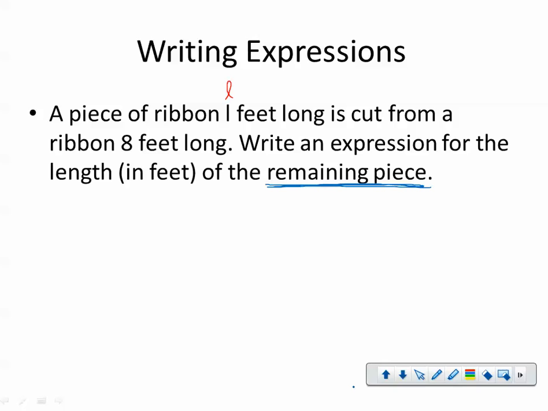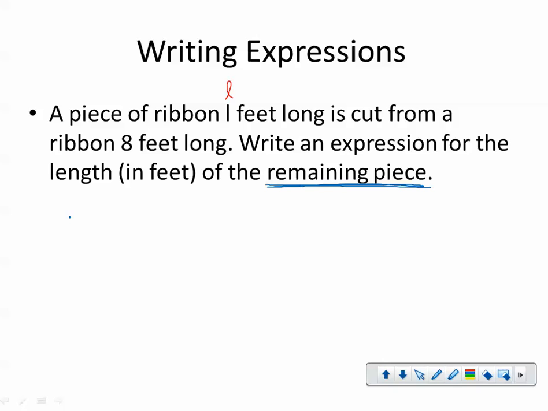And the key to all of this is understanding what we've just read. We need to really understand the situation in order to be able to create a mathematical expression for it. So let's think about this. Let's draw a little picture, because oftentimes pictures can really help us understand something. So we have a piece of ribbon.